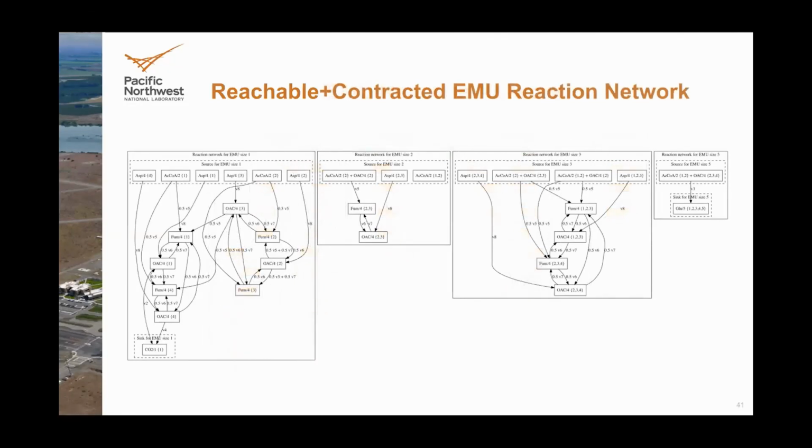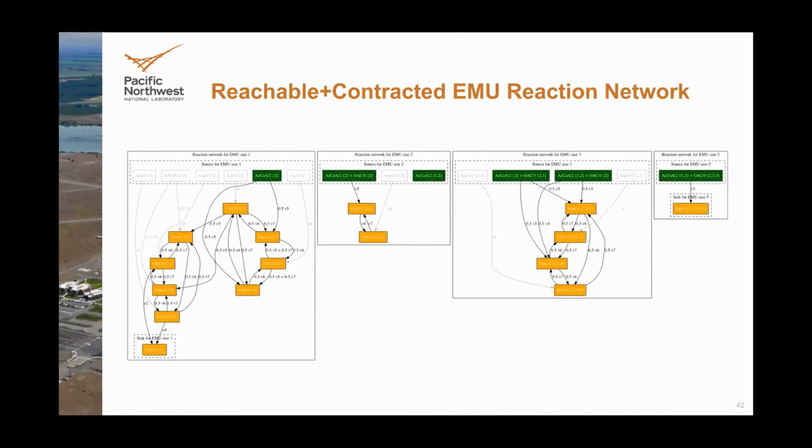If we do this contraction operation that I mentioned, you can see that the graph is a little bit smaller, which is great because the adjacency matrix representation of this graph will have fewer rows and columns, which means that any mathematical operations we choose to do will be less computationally intensive. Again, let's label that carbon atom, and we can see how the isotopic label is traveling through the network.